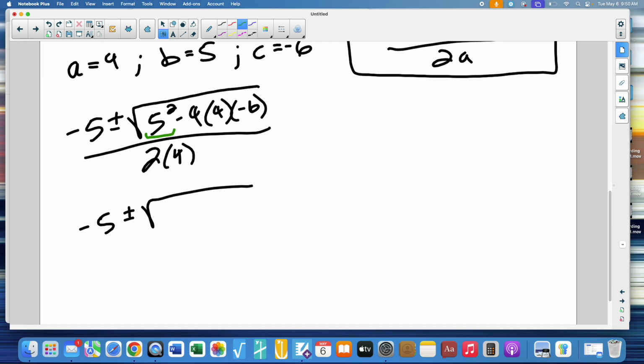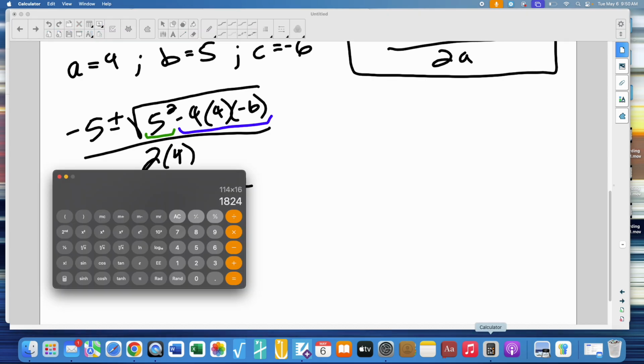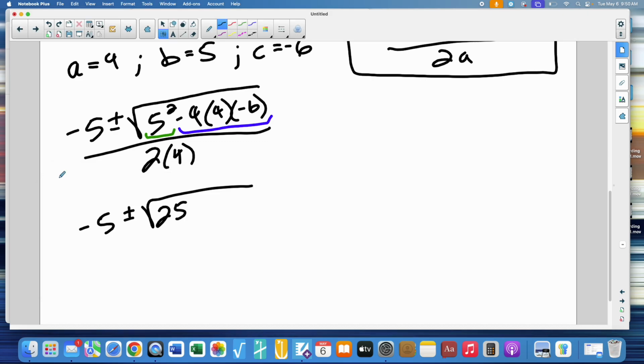We're always going to do the squared value, and we're always going to multiply these 3 values. So the squared value is 25, and negative 4 times negative 6 is going to give me 16 times 6. 16 times 6 is 96. So plus 96 over 8.